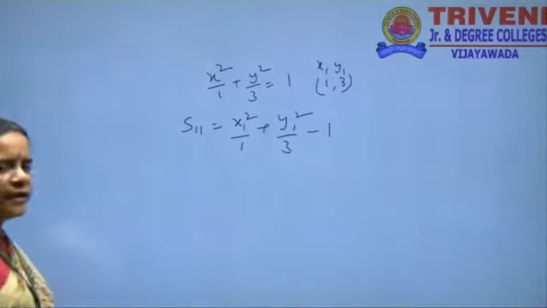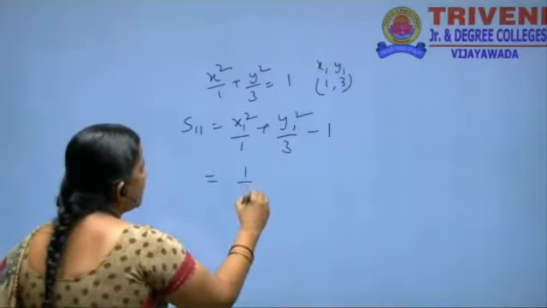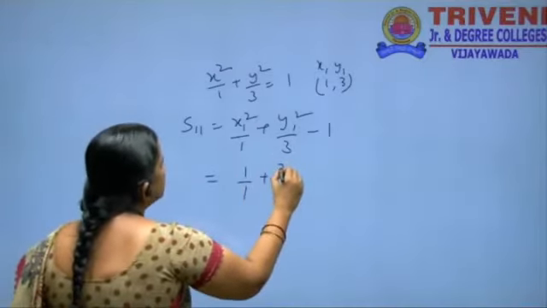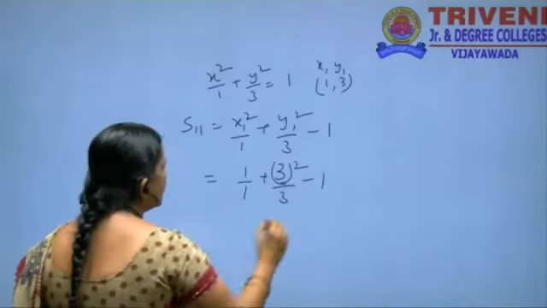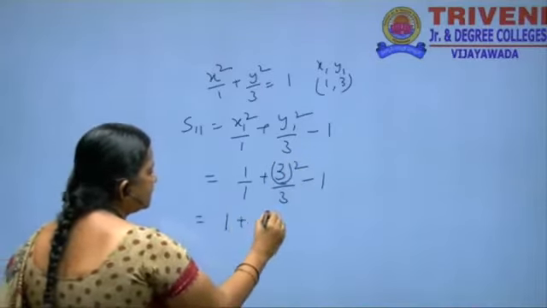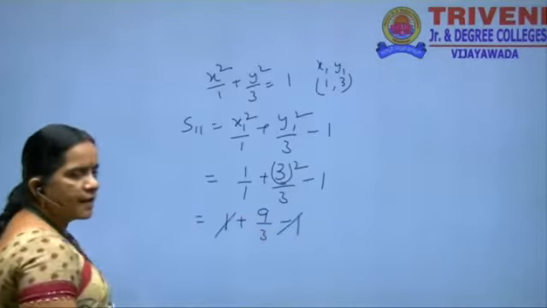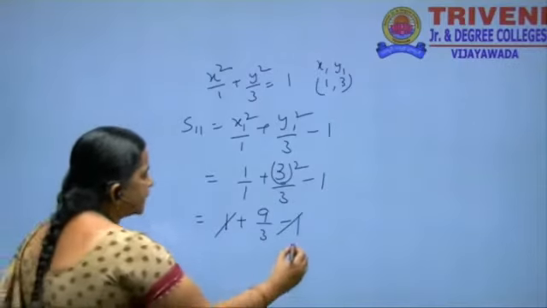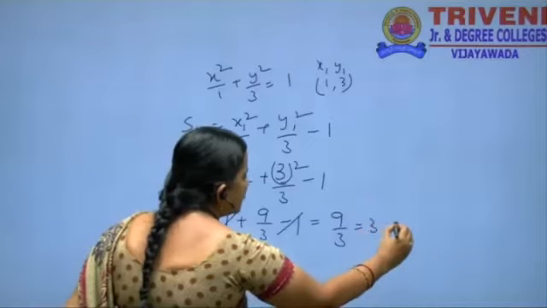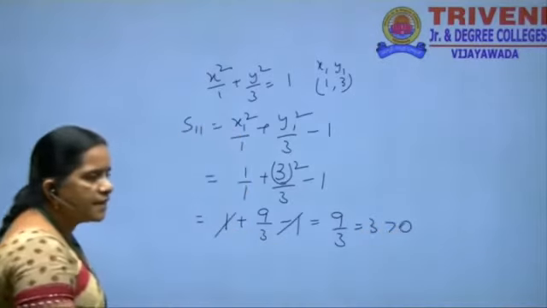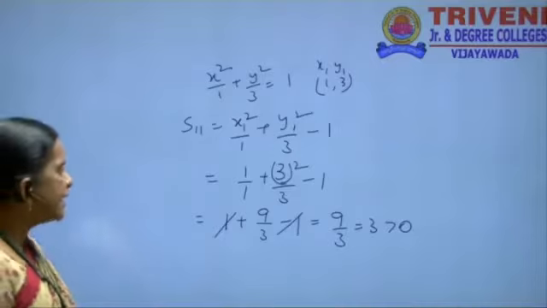Already you know the point x1, y1. Substitute here: 1 by 1 plus 3 whole square by 3 minus 1. That is 1 plus 9 by 3 minus 1; plus 1 minus 1 gets cancelled. Then we get 9 by 3, that is equal to 3. The value of S11 is greater than 0.